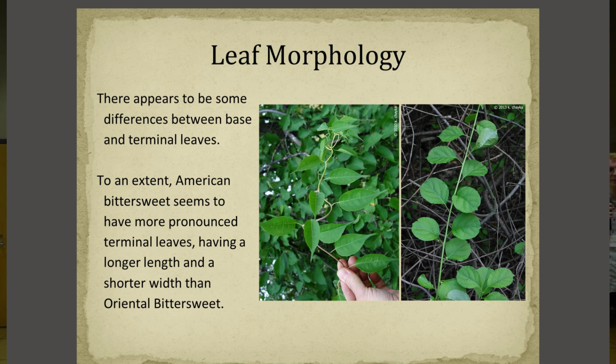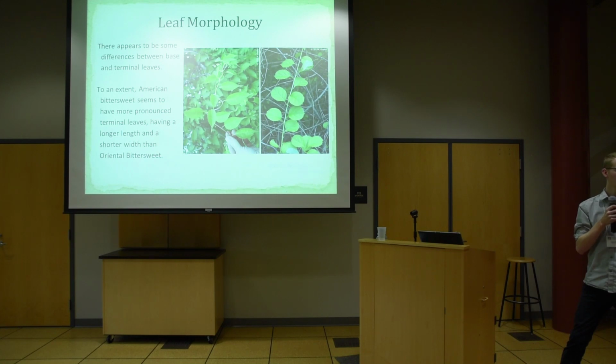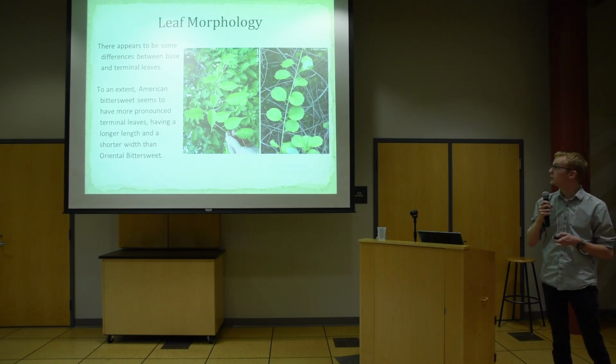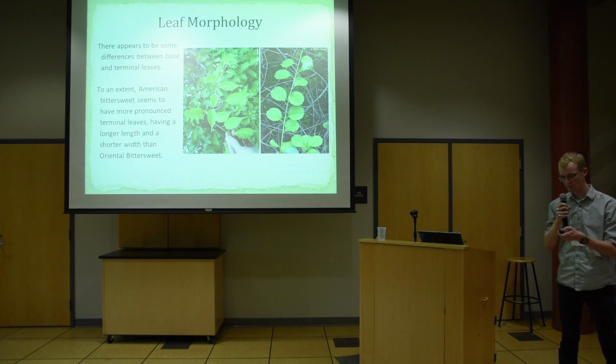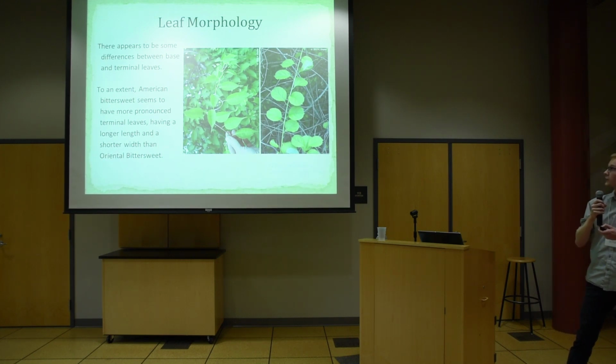I have been noticing that, and it might just be our area, we might have morphological differences within this region, because a lot of the papers I was looking at were in the Midwest, in Indiana particularly. But I've noticed rounder leaves toward the base of vines as compared to scandens, which didn't have as dramatic a difference of rounder leaves at its base. So I'm going to measure leaves on those factors.